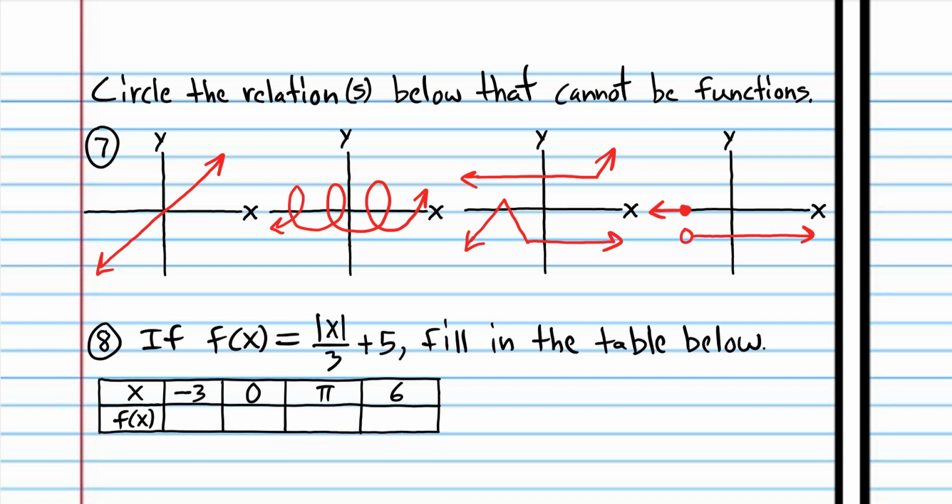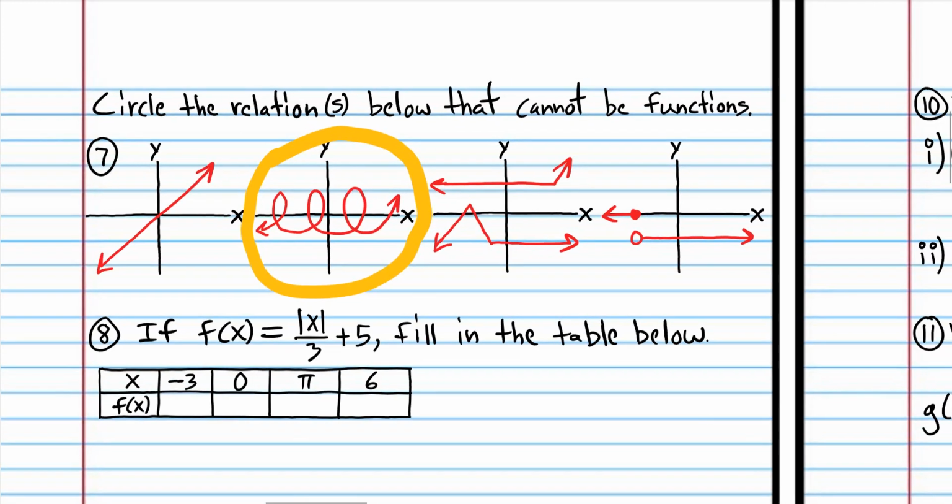So in the second graph, if we draw the line, we touch twice at certain parts, so this graph cannot represent a function. And here we have the same situation. These lines are touching the red graph in more than one place, so that cannot be a function.